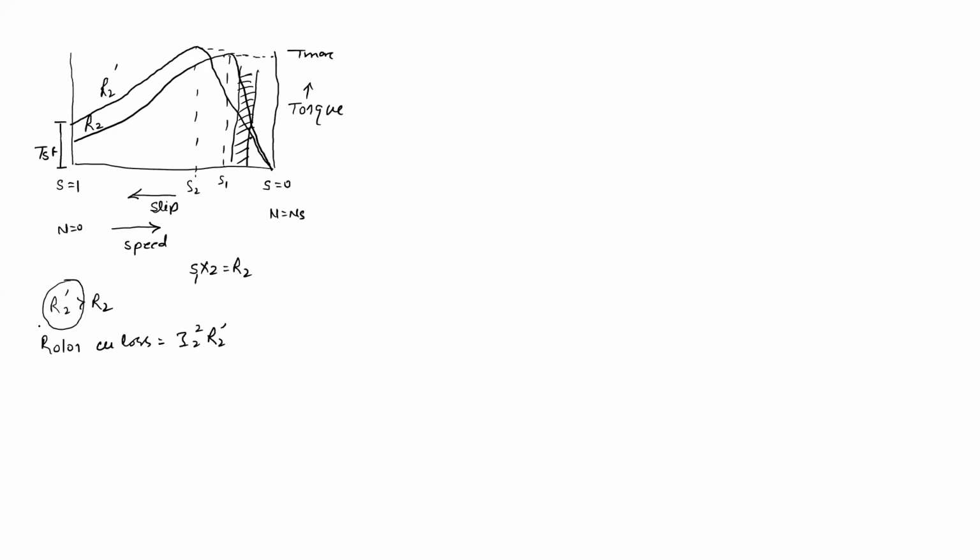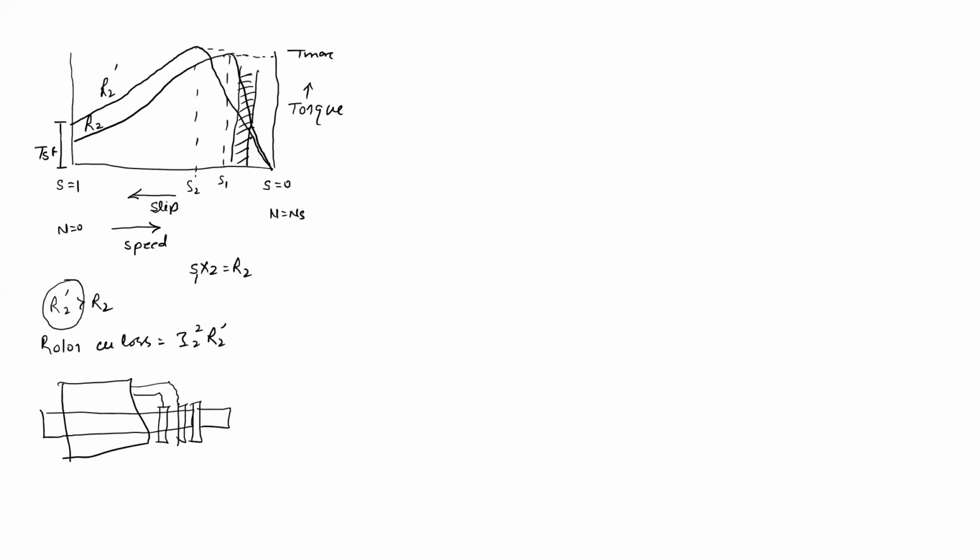Now consider that there is this wound rotor. What is the advantage of wound rotor? In case of wound rotor, suppose this is the rotor circuit, the rotor construction. Over this, a number of slip rings are provided. Three slip rings are there on the shaft of the motor, and the wound rotor is connected.